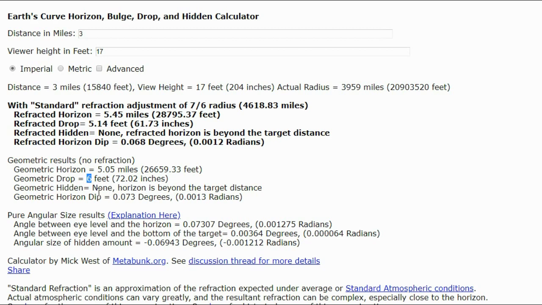Do you think you will be able to distinguish 6 feet on the hull, considering there are waves in the way, and some of those waves could be 3, 4, 5 feet high themselves? So obviously, no, you will not be able to distinguish a difference in height on any vessel going from left to right of only 6 feet.